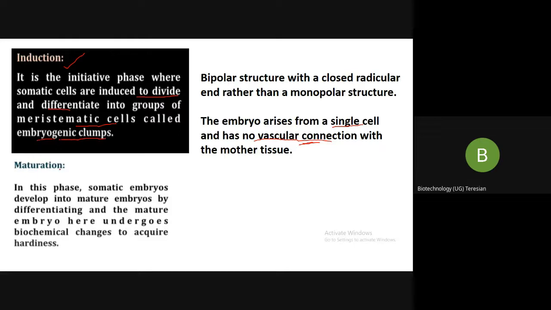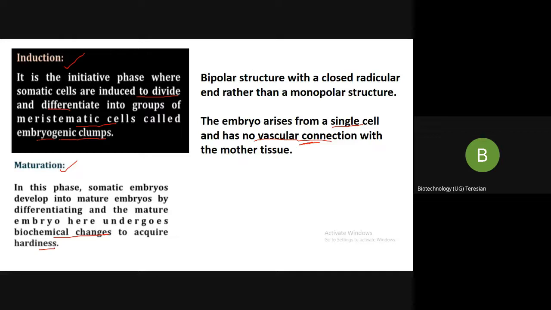Next, what comes? Maturation. Okay, you have induced the formation of the embryo. You have initiated it, but it should mature, right? So in this phase, your somatic embryos develop into mature embryos by differentiating, and the mature embryos undergo biochemical changes to acquire hardness.